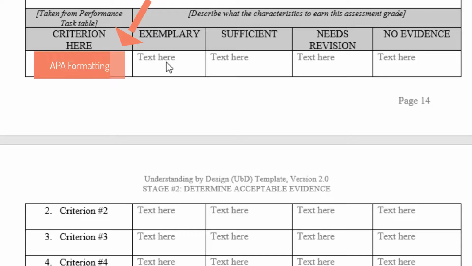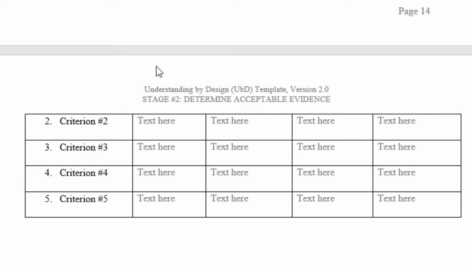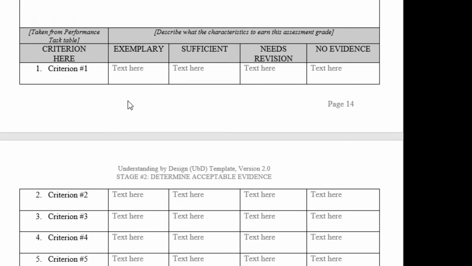And then under exemplary, we might say what it was that the student needed to do in order to meet the exemplary criteria. The same thing for sufficient, needs revision, and no evidence. Ultimately, at the end of the day, you would want to have a rubric for all of those performance tasks, but for this particular document, it is only asking for 1.